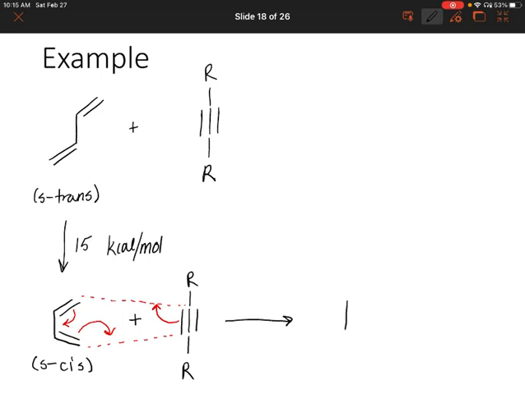So this time, we are moving one of our double bonds over, and the triple bond is going to become a double bond. And then we'll have our R groups kind of facing away. So let me just highlight our double bond there.